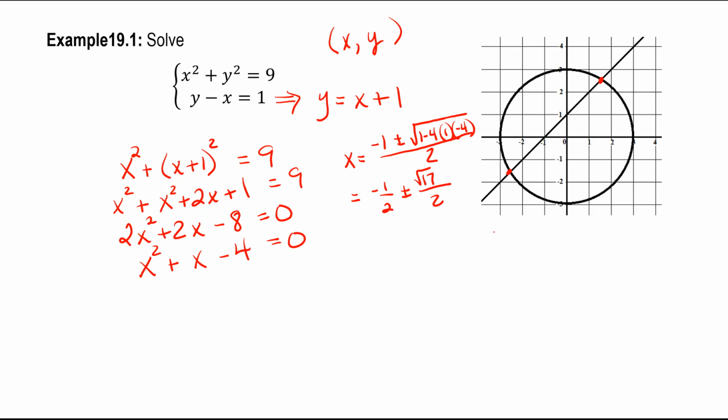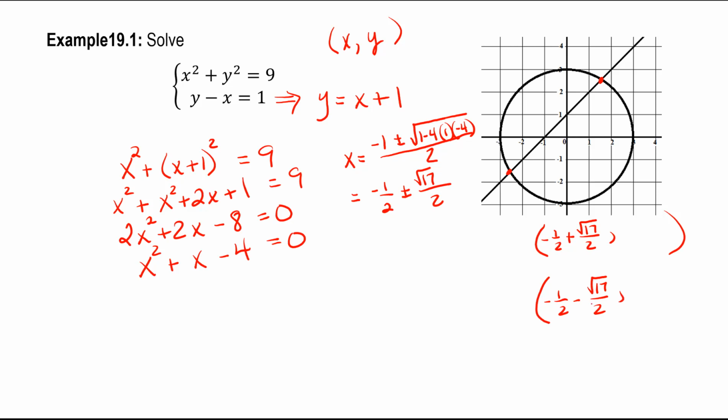So for our solutions, one of the coordinate pairs has an x value of -1/2 plus the square root of 17 over 2, and it'll have a y value, we don't know yet. And then the other one has -1/2 minus the square root of 17 over 2. So we have to find the y coordinates.